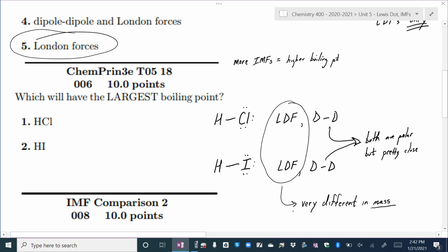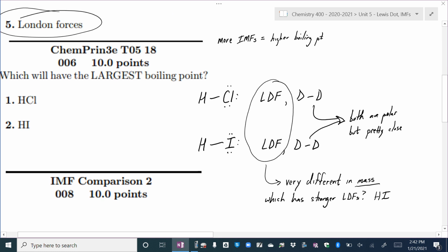So which one has stronger London dispersion attraction? Which one has stronger LDFs? Yeah, HI does.